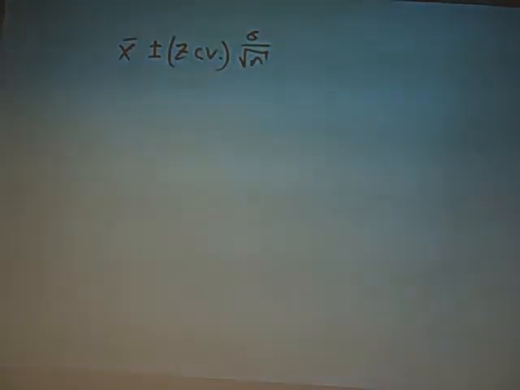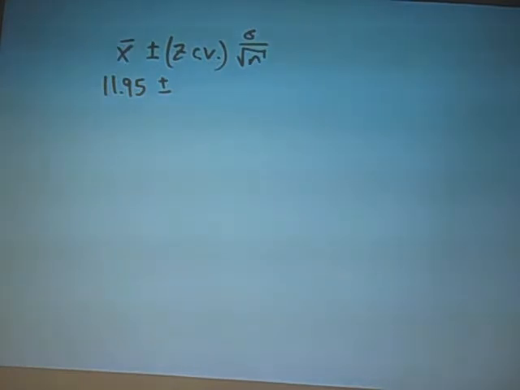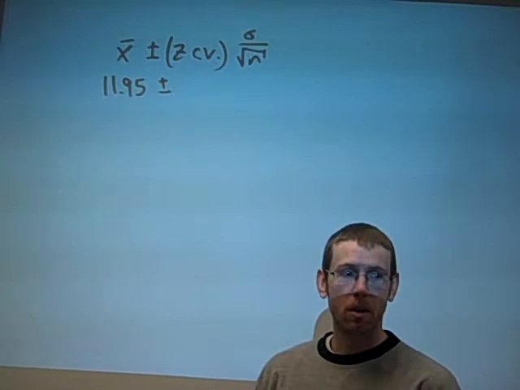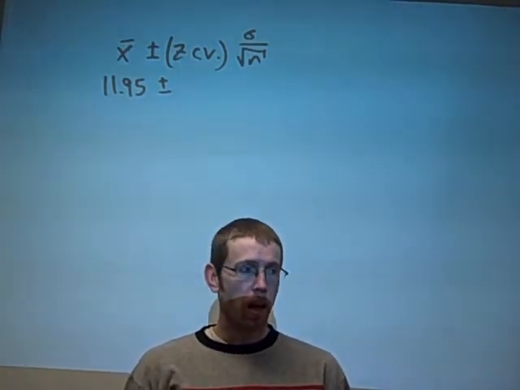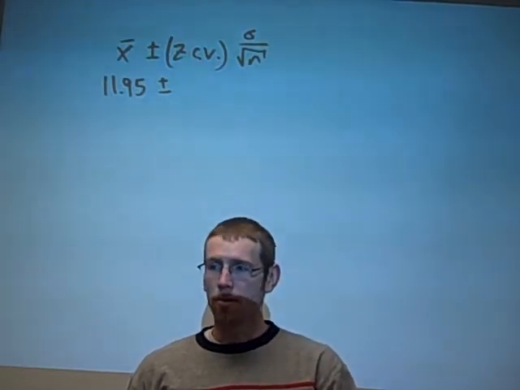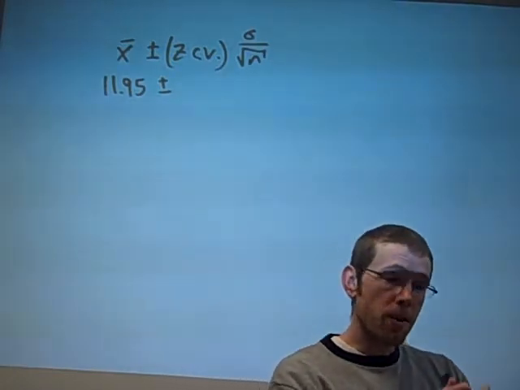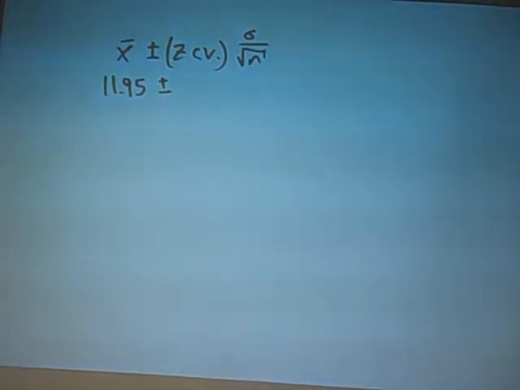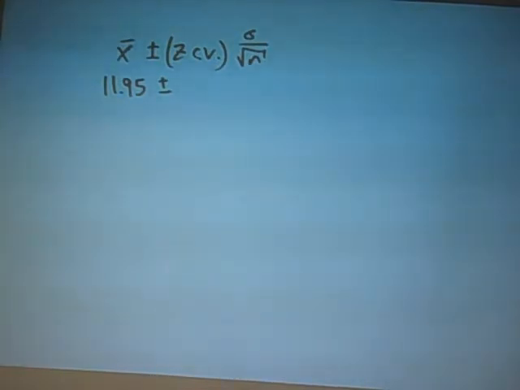We know that X bar is 11.95, so we can plug that in. What Z critical value should we use? Or maybe a better question is, what tells you which Z critical value to use? It's the confidence level. If you do 95%, it's 1.96. If you do 90%, it's 1.645. For 99%, we're going to use 2.576.